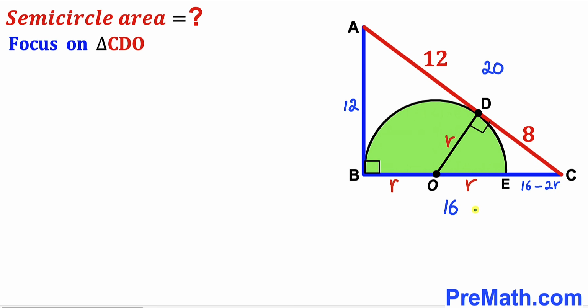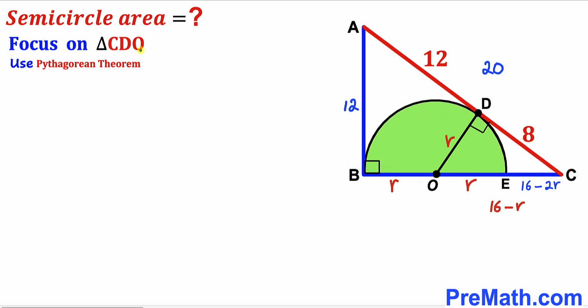Now let's focus on this tiny right triangle CDO. We can see that this segment OE is lowercase r, and this tiny segment EC is 16 minus 2r. So this OC segment length is r plus 16 minus 2r, which gives us 16 minus r.